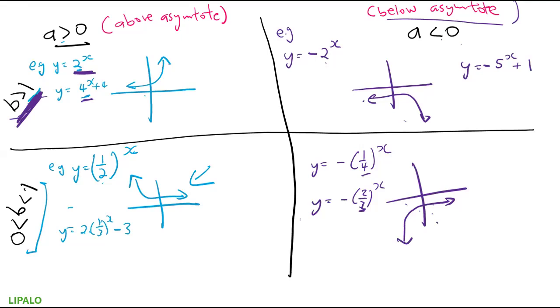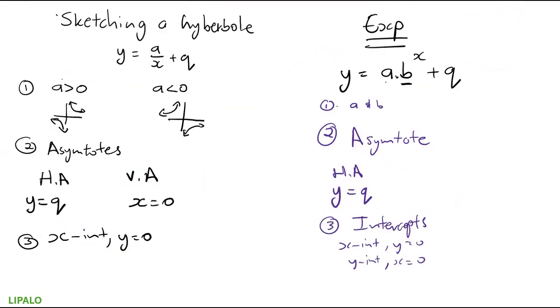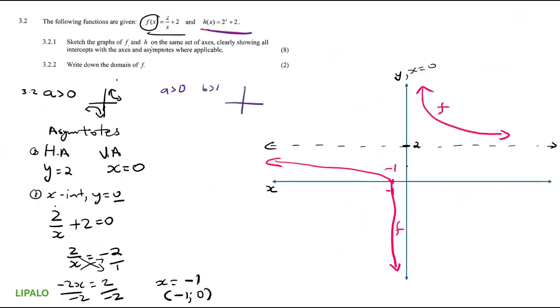So I go back to the question. I have this shape. And then now I look at asymptotes. Horizontal asymptote, y is equal to q. What is q? 2.